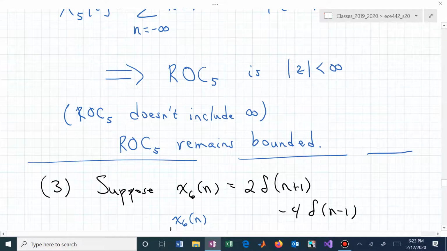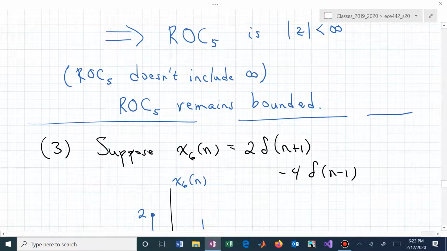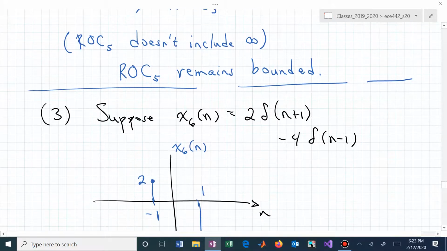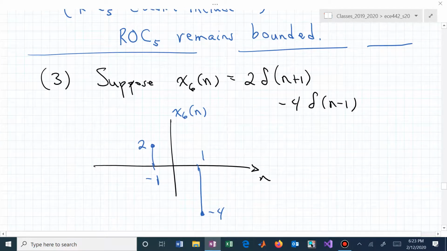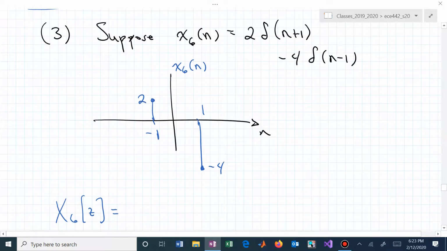This is so fun. Let's just keep counting. Here's x sub 6. X sub 6 of n is 2 delta n plus 1 minus 4 delta n minus 1. This is now two-sided, but it's finite. What's the z transform of this one look like? Two gets scaled by what power of z?